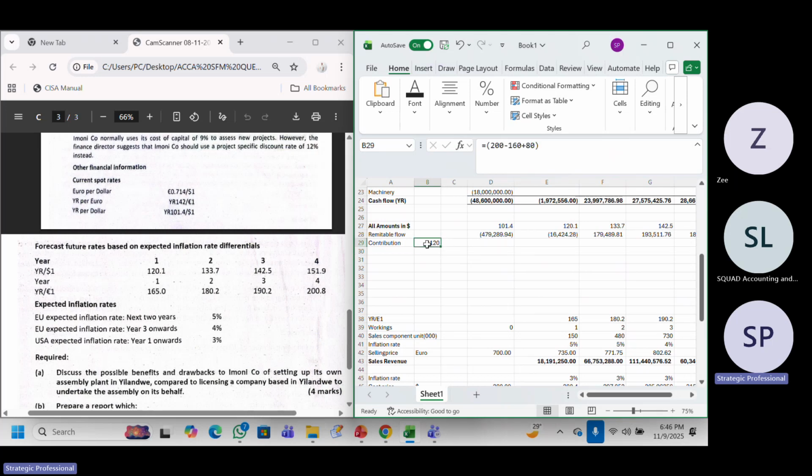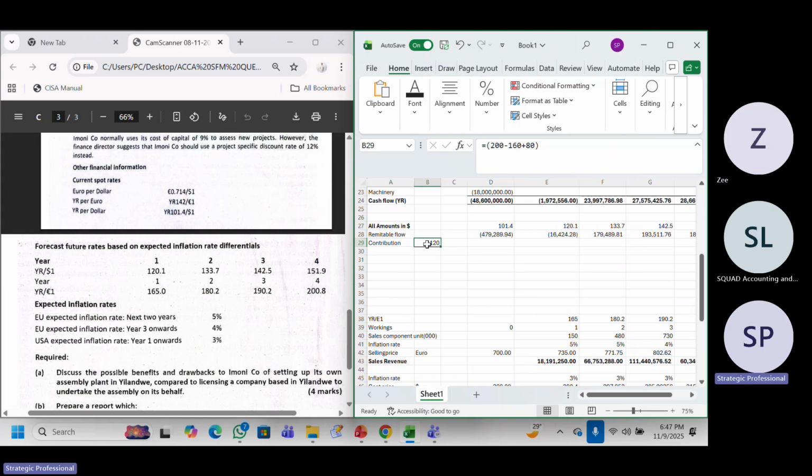So we're not converting anything. But don't forget that they told us, in that part of the contribution, that everything is affected by the country's inflation rate. Do you remember?